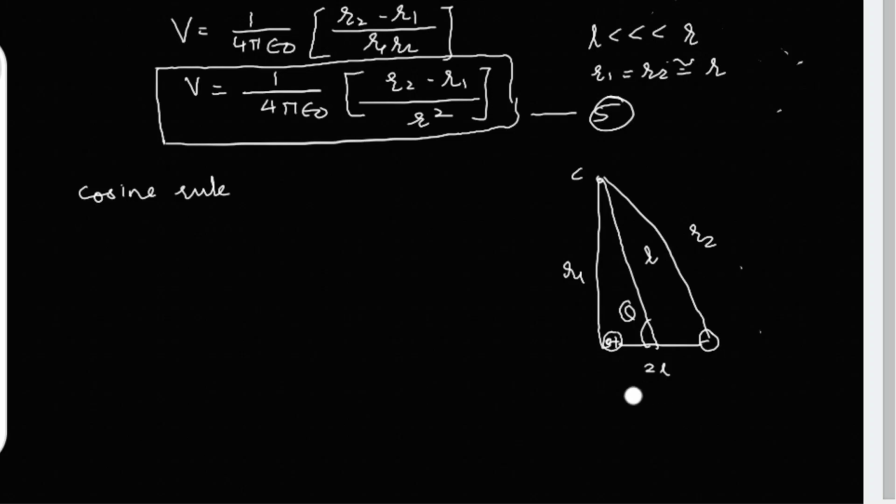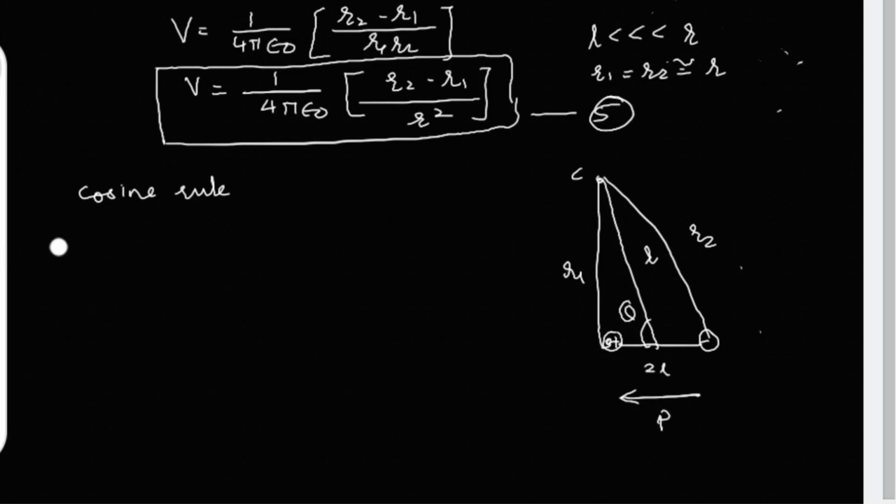As we know, the electric dipole moment is denoted by P, and it is directed from negative to positive charge. Okay, so by cosine rule we can write here now, this I am going to find R1.